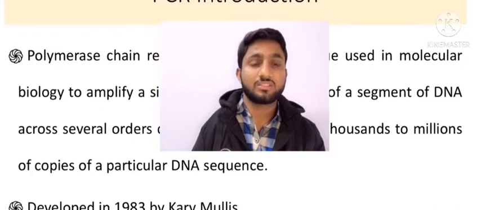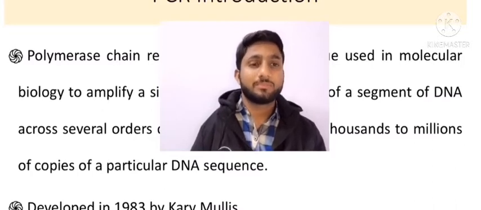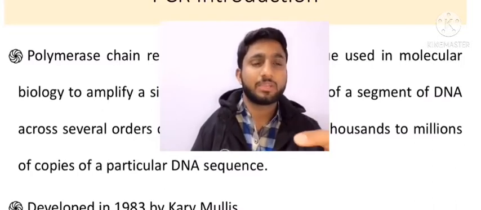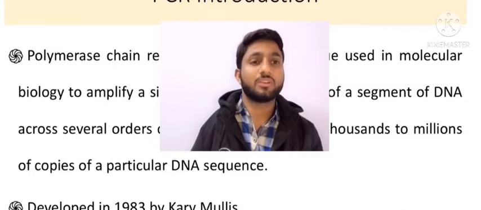So this is the purpose: we amplify a specific segment of the DNA, then it is easy to find the exact sequences, and once we find the exact sequences, we can know about the functions of those sequences.